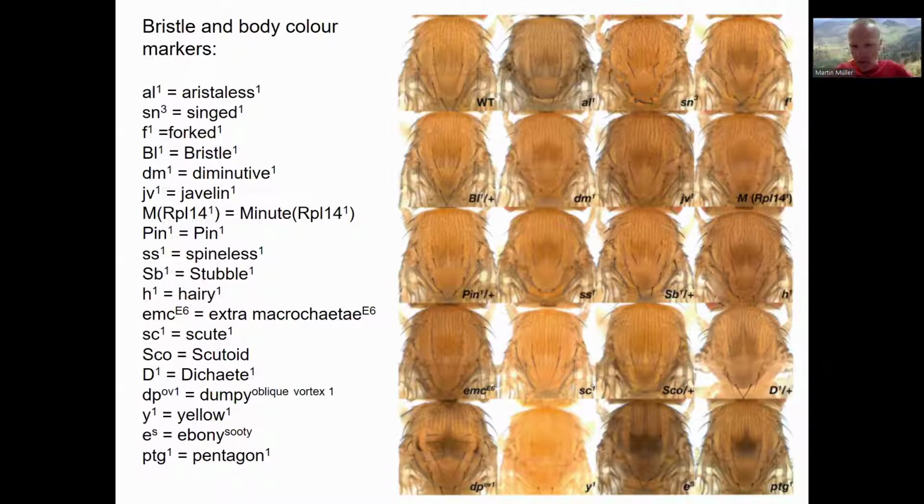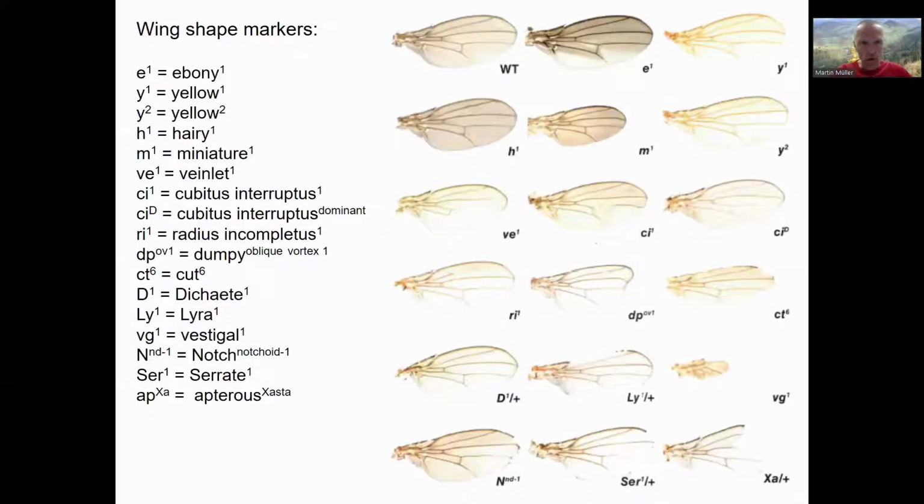So you see again many different phenotypes are possible, and again, these are only a subset, and some of them are great to use in fly genetics. Then, as a final one, the wing shape markers.